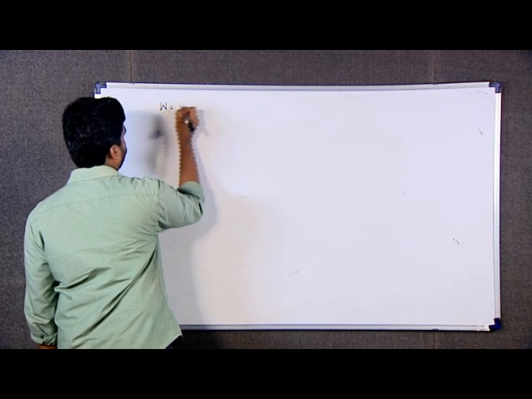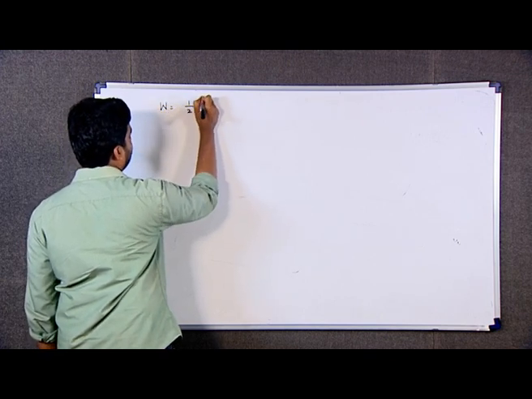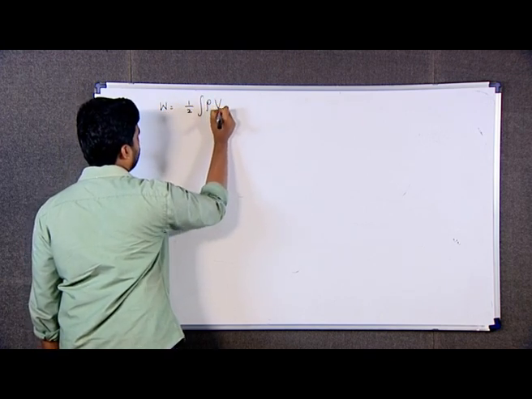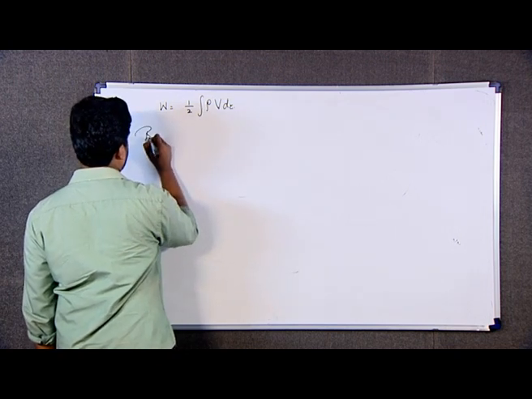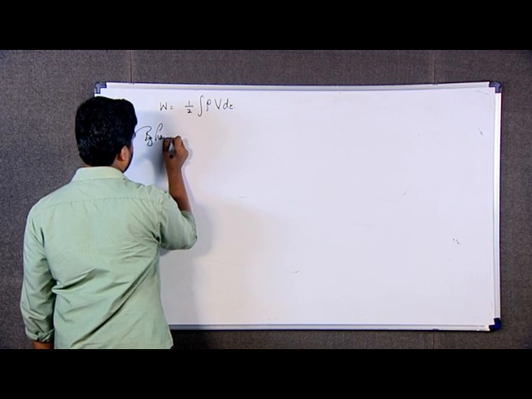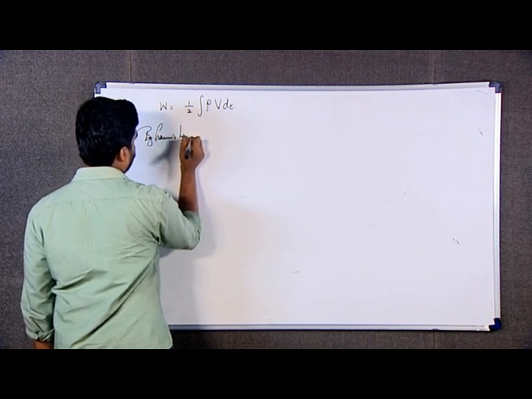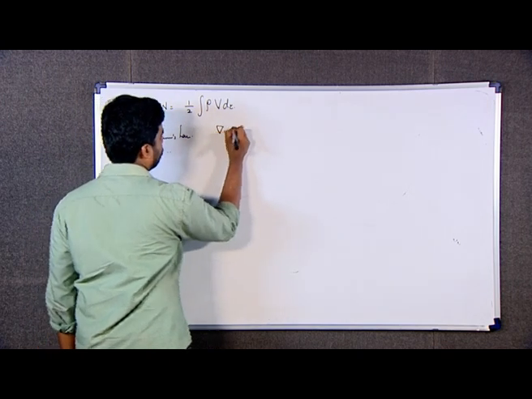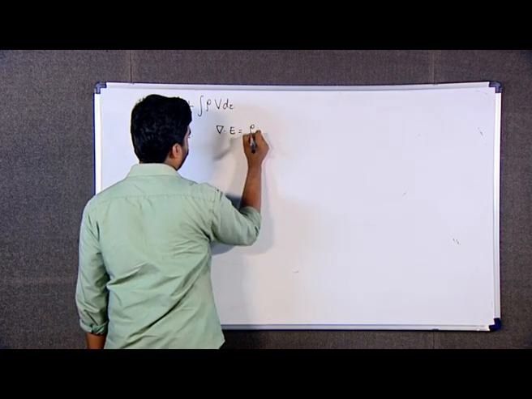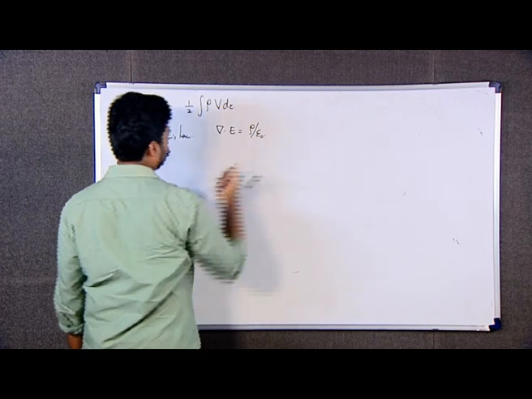W is equal to half into integral rho V d tau. And by Gauss's law, we know that del dot E is equal to rho by epsilon 0.